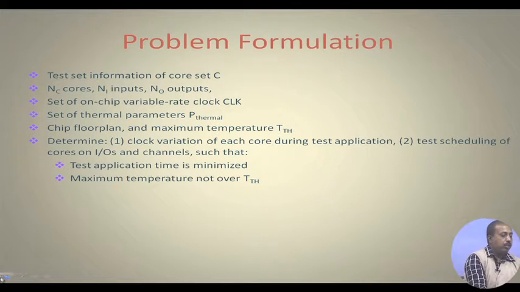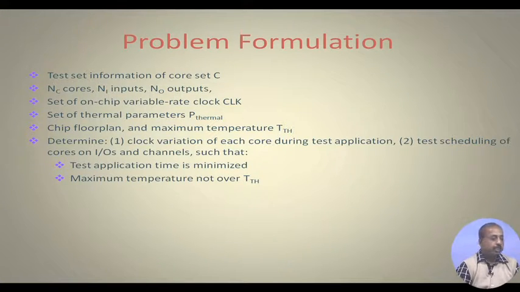So, given this temperature threshold and all that, we determine clock variation of each core during test application, how these clock rates will be varied, and test scheduling of cores on IOs and channels. So, on which IO port and which IO channel they are going to be tested, and at what time.